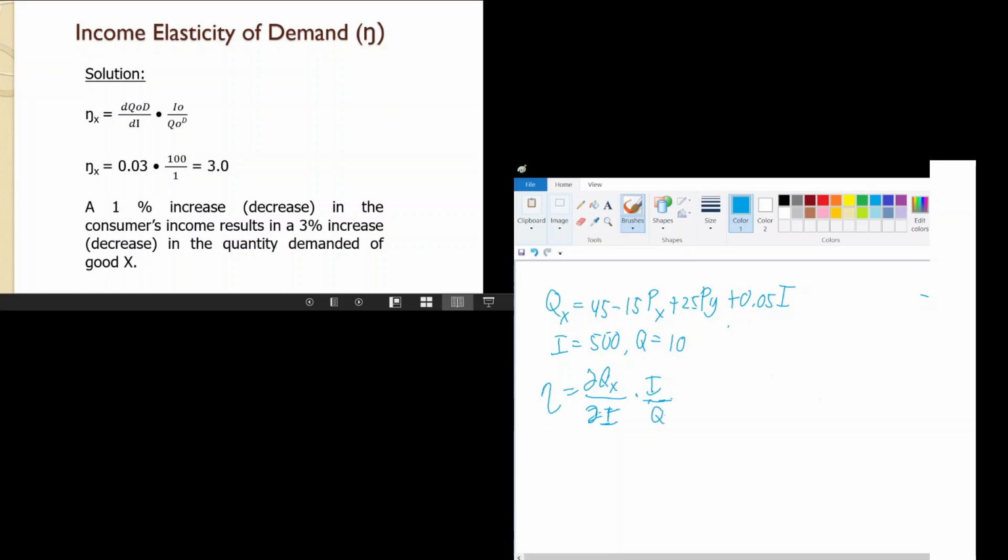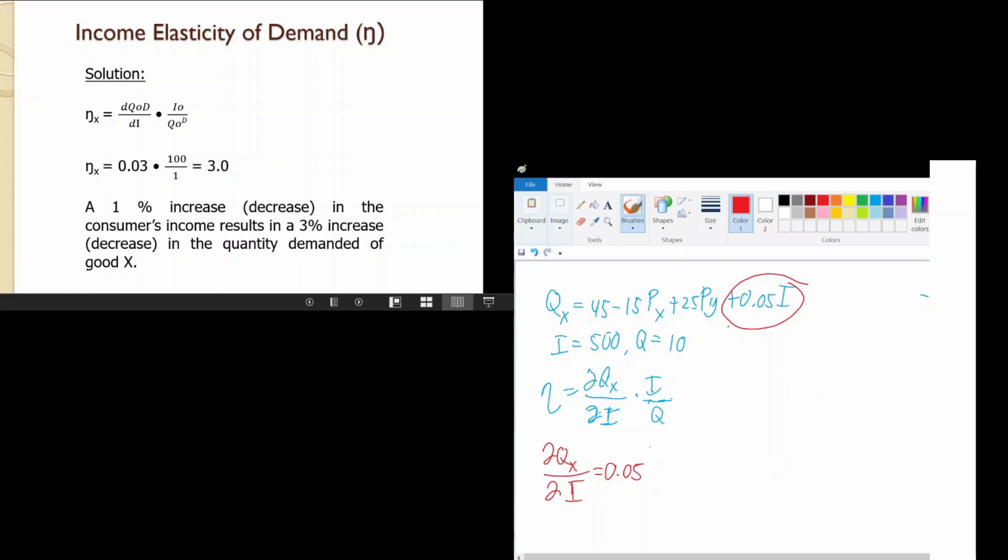So first, we need to get the partial derivative of Q in terms of I. So if you can see here, iisa lang yung merong variable na I. Therefore, yung partial derivative of Q in terms of I natin is equal to 0.05. Okay? So, hindi ko na ulitin yung pagkuha ng derivative kasi I assume that you already know how to get the derivative since nakailang examples na tayo nung nakaraan, and we even applied it in the own price elasticity.